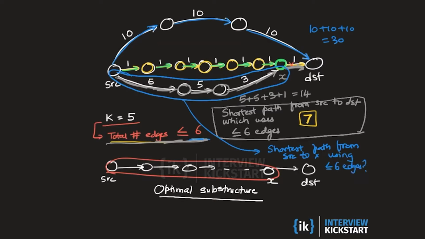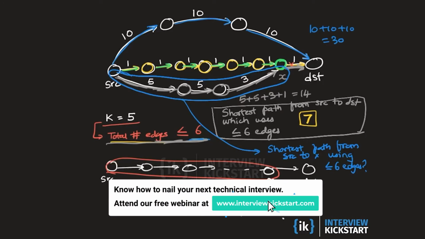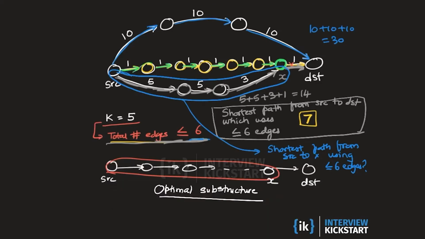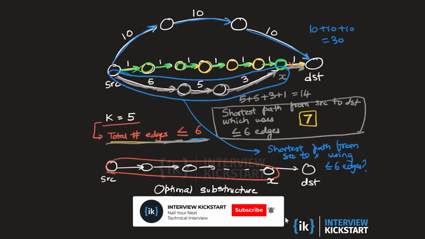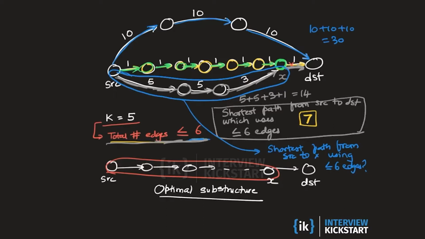Well, the answer is clearly no, because we know that the shortest path from the source to x which uses less than or equal to 6 edges is actually this other path composed of these green arrows. So this means that we don't have optimal substructure in the presence of this constraint, in the sense that if we have an optimal path from the source to the destination satisfying the constraint, and if we take a prefix of that optimal path, that prefix is not necessarily optimal in that same way.